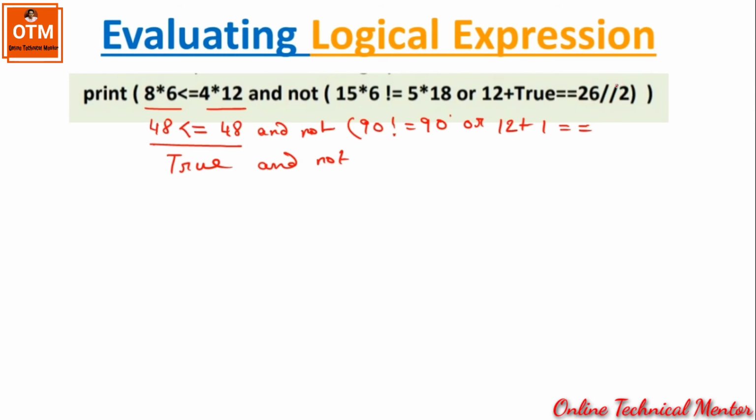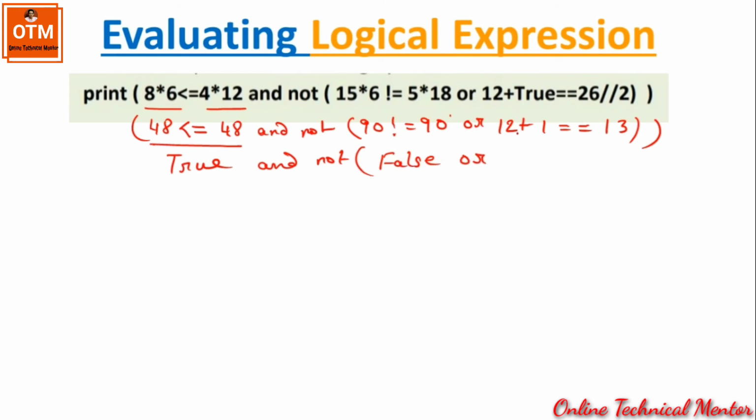The quotient will be returned, that means 13. Let me close the parenthesis also. Now check 90 not equal to 90. It will return false because both the 90s are equal.